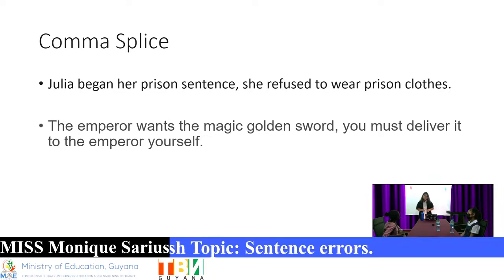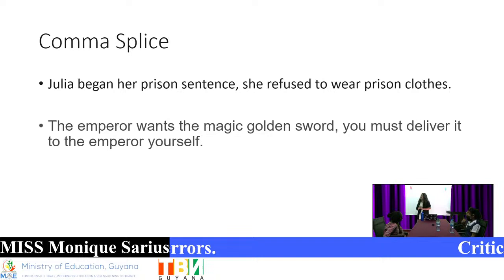A full stop. Okay, so if we do not want to use a full stop, what is another punctuation mark we can use? Apostrophe? No. Something that you use to separate two independent clauses.